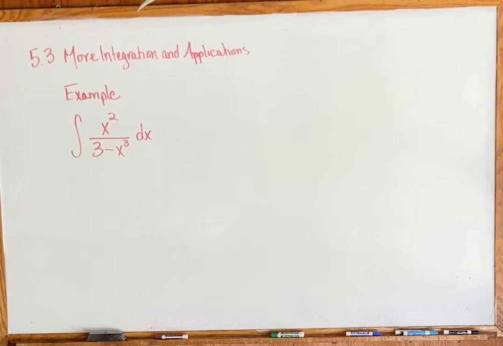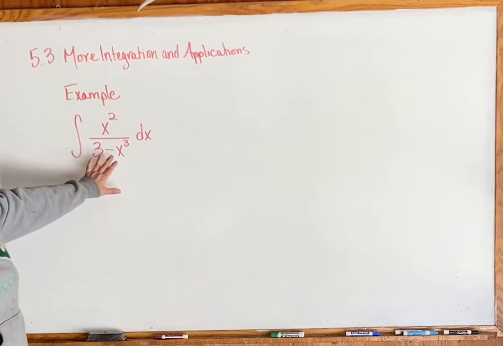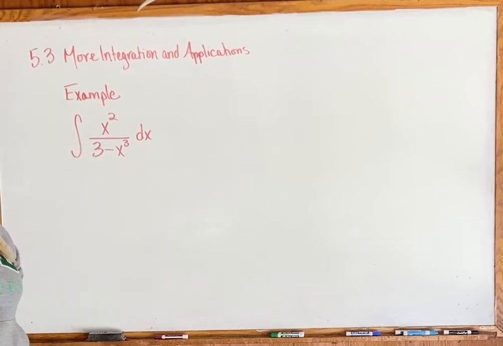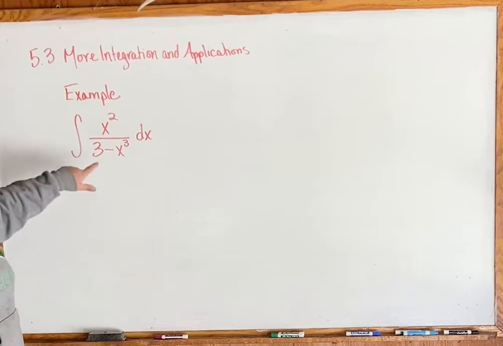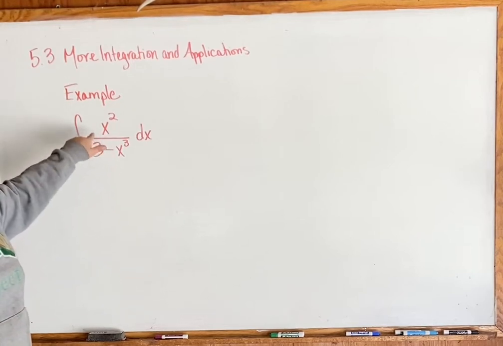Now remember that when we see a fraction in an integral, we almost always want to try to simplify that. But a lot of times that's not going to be easy, and in this case this is definitely not going to be easy. So what we're going to do here is look at a substitution.